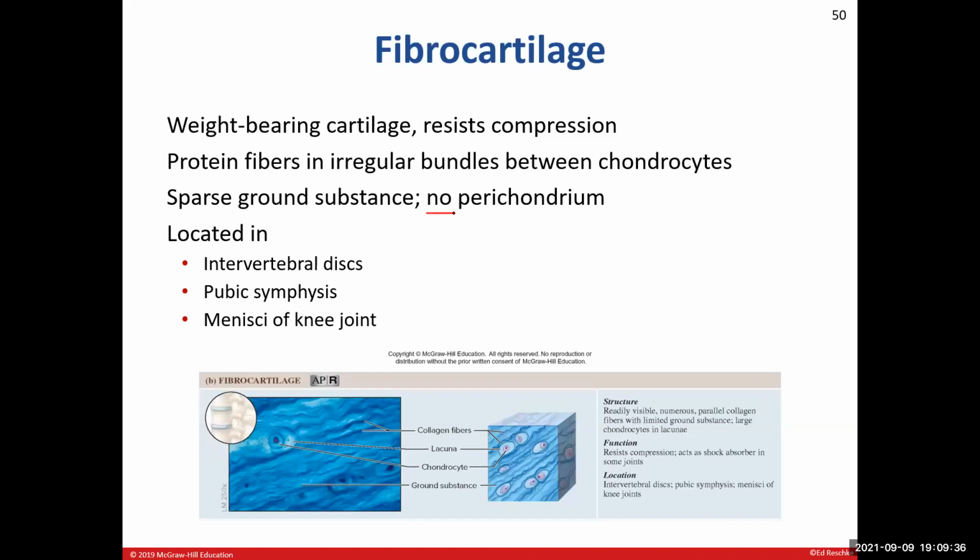It's tough because there's hardly any ground substance, and the majority of the substance in this type of connective tissue is the protein fibers, the collagen and elastic fibers, mainly collagen fibers, which makes sense because you're going to find this tissue in weight-bearing areas, like in your spine, those discs. Also, you'll find it in the menisci of your knees. And so it helps to resist compression.